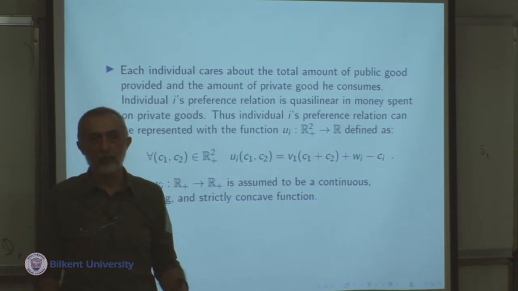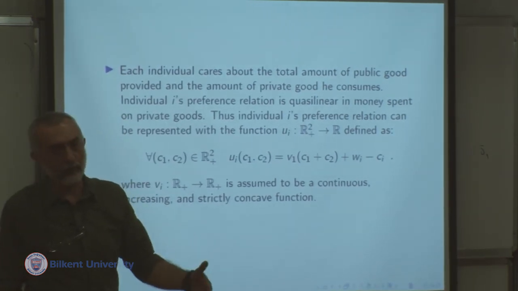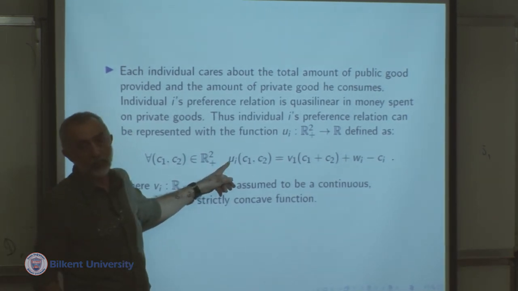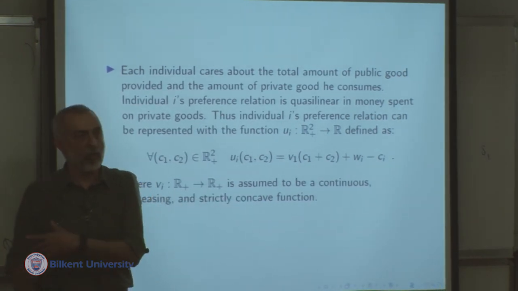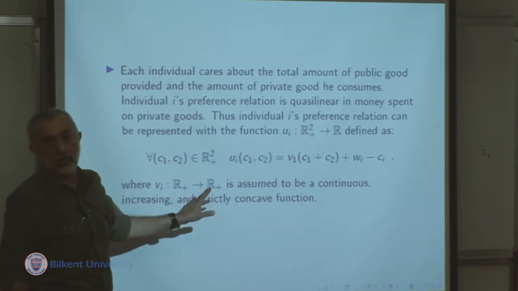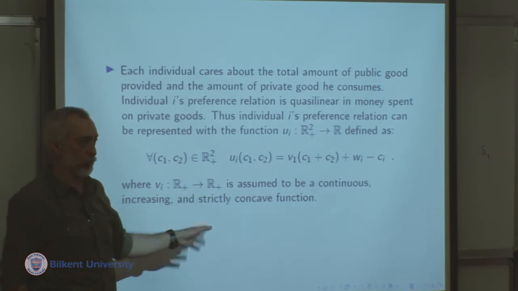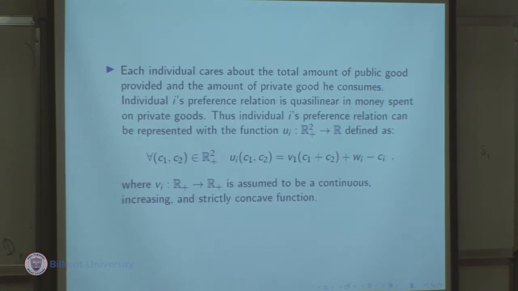Every concave function is also quasi-concave. So Ui is quasi-concave. But then all the assumptions of the Nash existence theorem are satisfied, which means that this game does have a Nash solution, at least one. Okay? So this game does have a Nash solution. The question is, what is it?